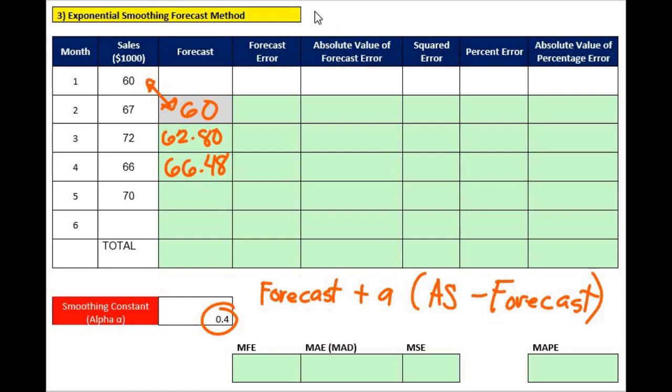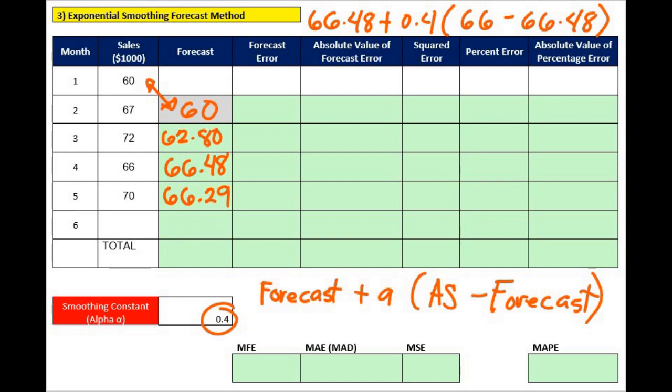Okay. For month 5, again, same formula. That is 66.48 plus the value of our alpha, 0.4, times the quantity of 66 minus 66.48. We will come up with 66.29.